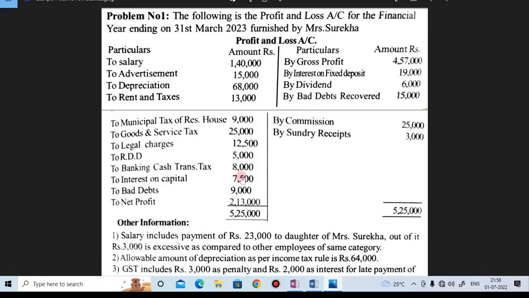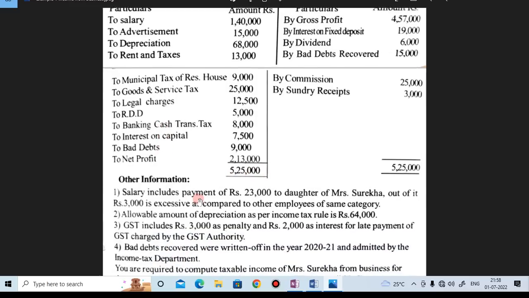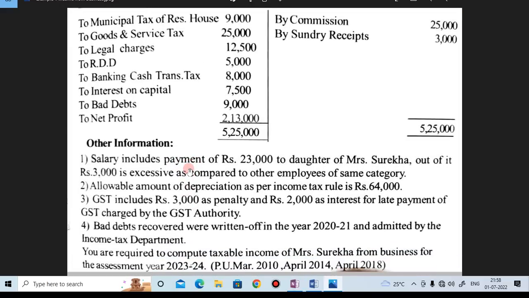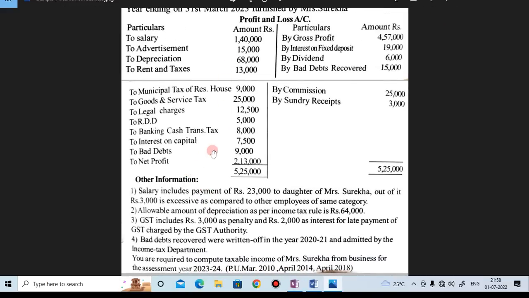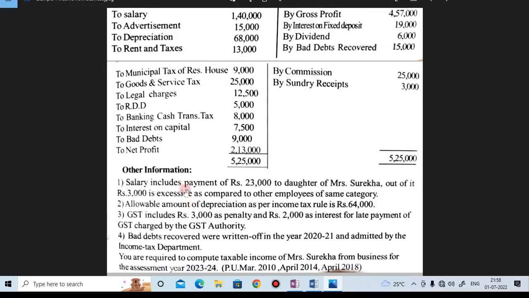Both the debit and credit sides are tallied at the amount of 5,25,000, and there is some additional information given along with the profit and loss account. First, salary includes payment of rupees 23,000 to the daughter of Mrs. Sureka. Out of it, rupees 3,000 is excess as compared to other employees of the same category.